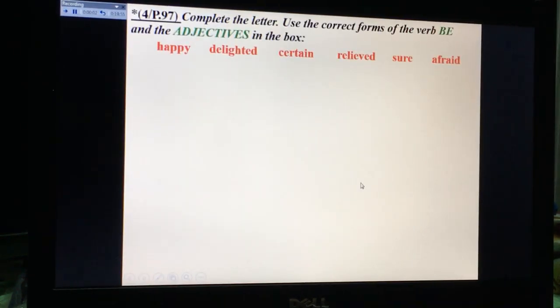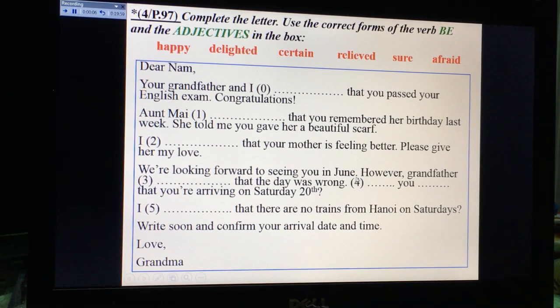Now, continue. You complete the letter here in the box by using the correct adjectives. Remember, use the correct form of the verb to be here. Follow the real time in the letter. Now you stop the video and you do the exercise, and then I help you with the answer.